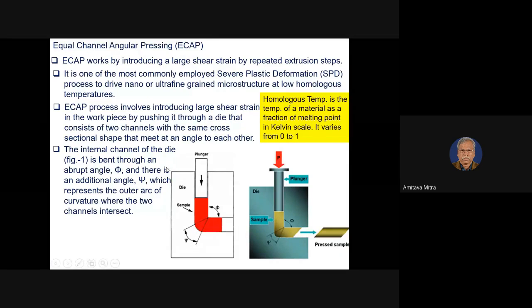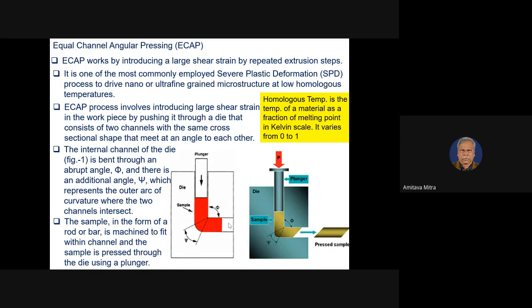The internal channel of the die is bent through an abrupt angle phi, and there is an additional angle psi which represents the outer arc of curvature as the two channels intersect. A lot of mathematical calculations were made depending on phi and psi, and what is the effect of that on the material properties.